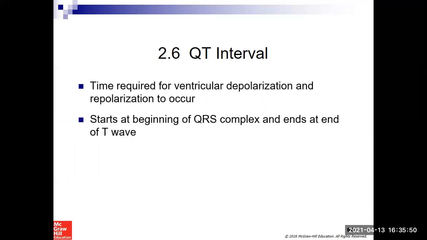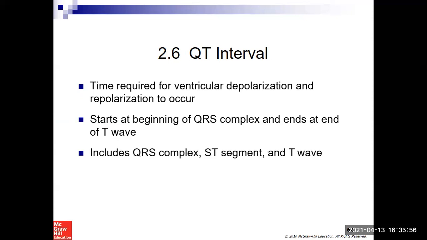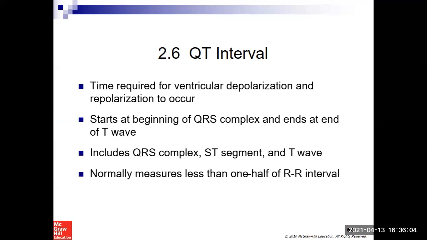It starts at the beginning of the QRS complex and ends at the end of the T wave. It includes your QRS complex, ST segment, and T wave. It normally measures less than 1/2 of the RR interval.